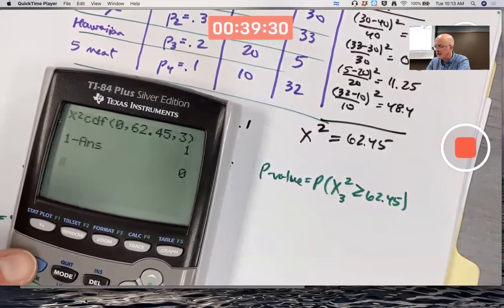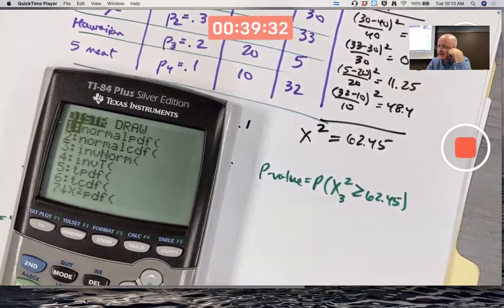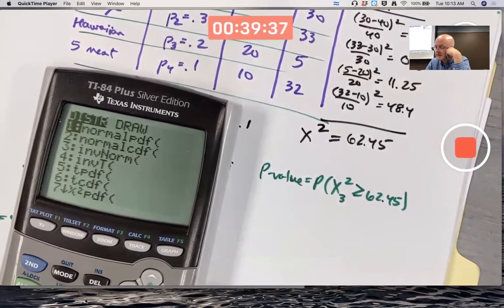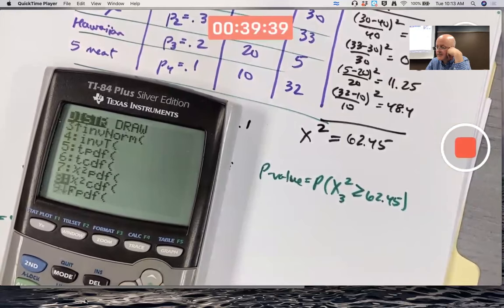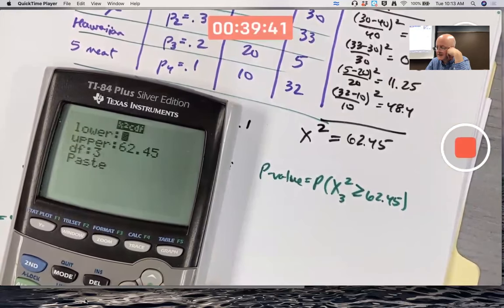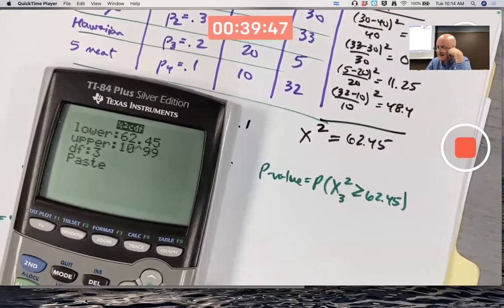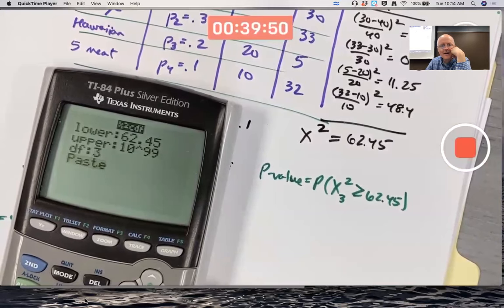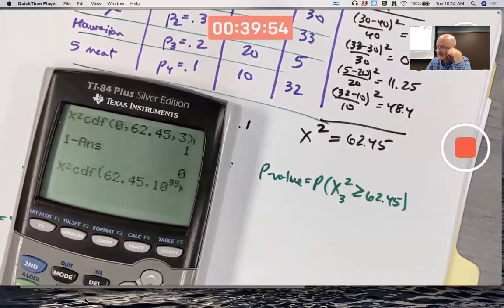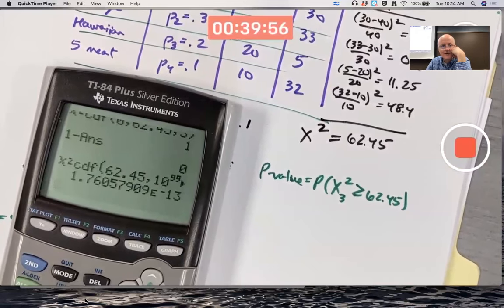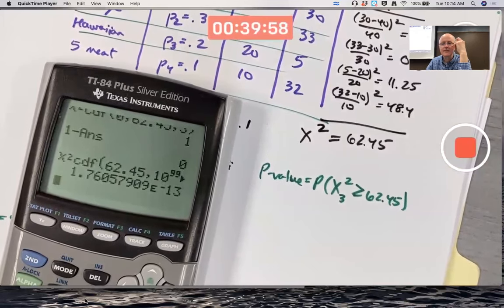I wonder if we did the other way, if we get something like 10 to the negative 30 or something. I don't know. Let's see. I'm not using the E there. Will this work? Okay. About 1.76 times 10 to the negative 13.